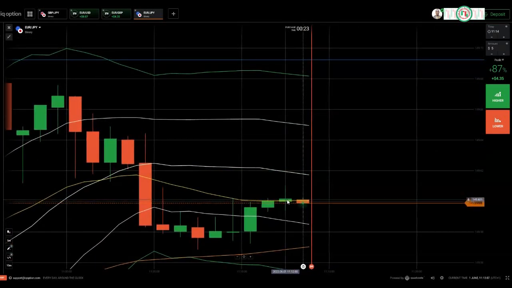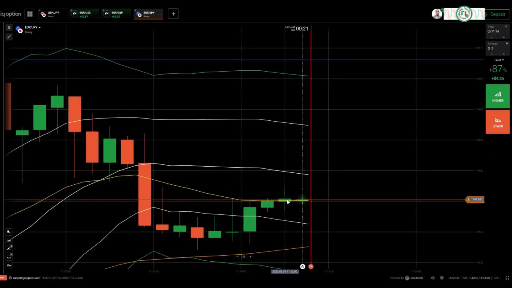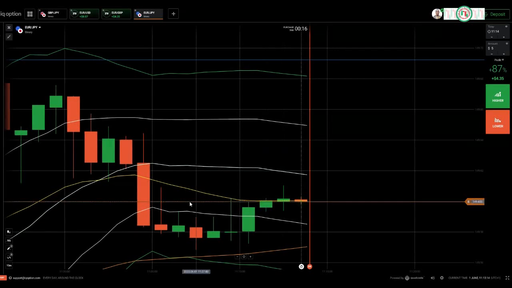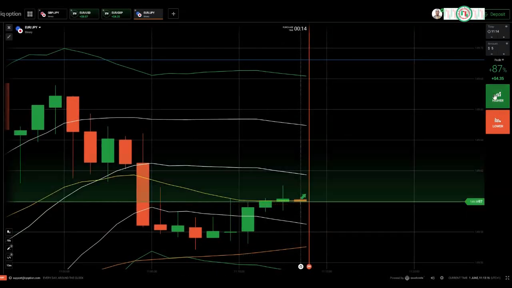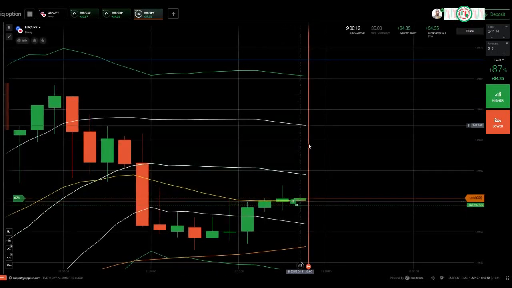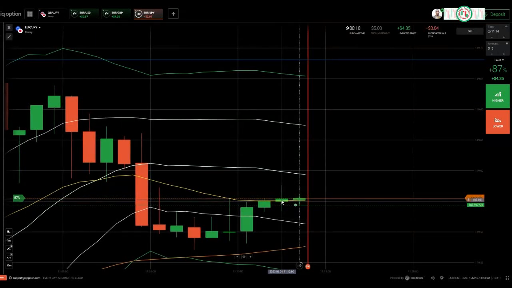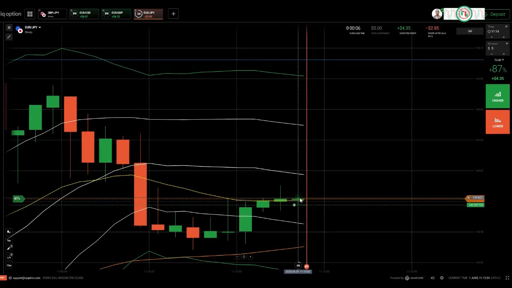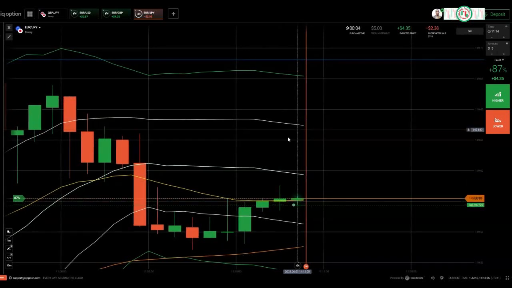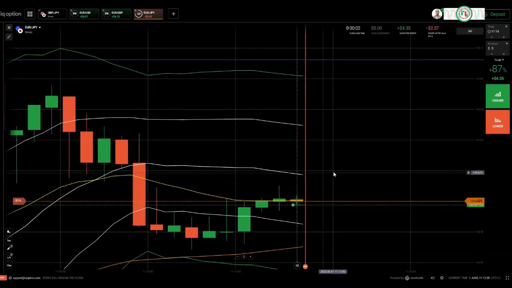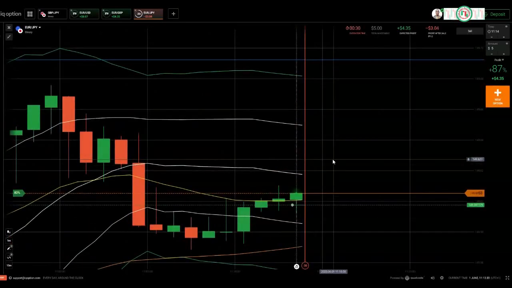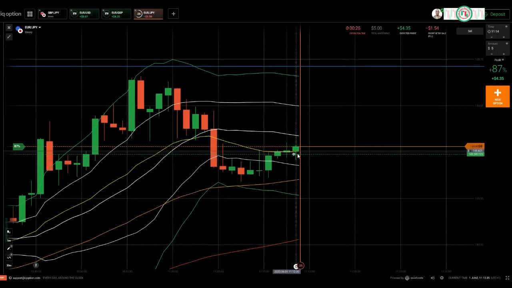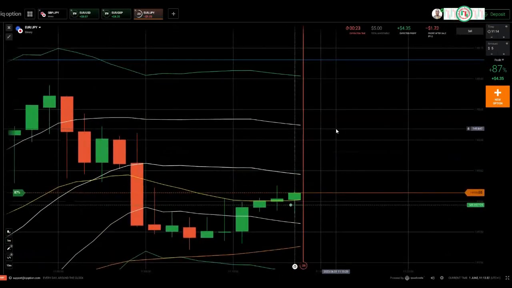This is continuation and close above EMA. I'll place a call option because of the continuation spinning top closing above the 20 MA, which means the market is trying to go more higher. Because there is no level yet, the market has not touched any level yet, so that's why I place my trade, call option.